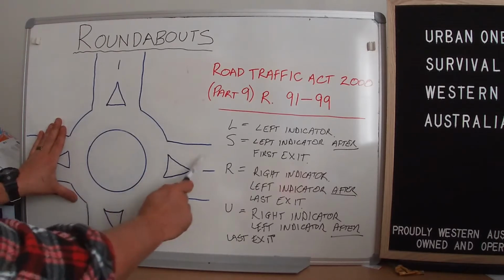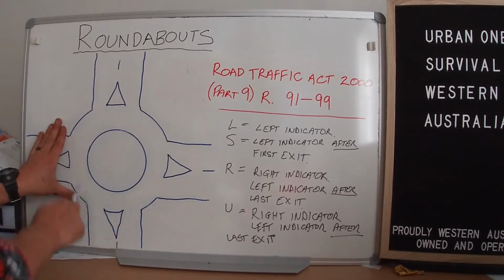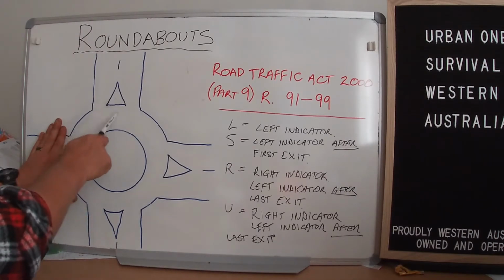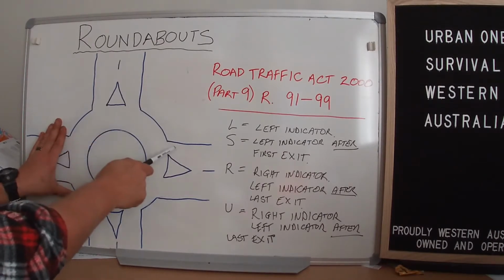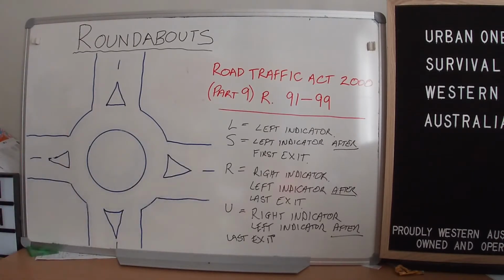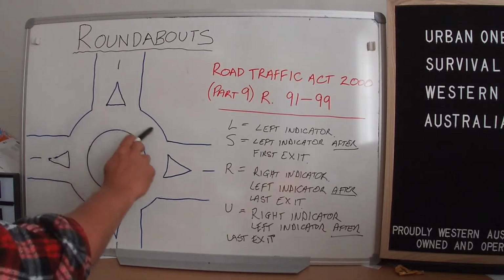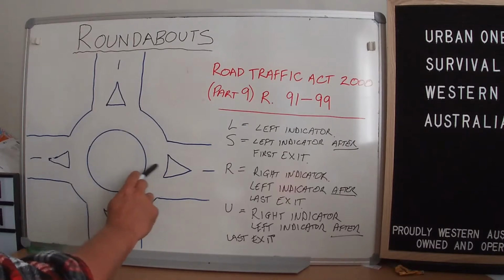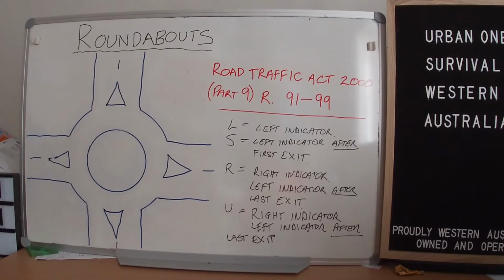If you're turning to the right, then you'd put a right indicator up upon your approach, and then as you just pass the last median strip on your left hand side prior to your exit, you put your left indicator on and you exit. And of course, U-turn, right indicator as you approach, you perform your U-turn, and when you get to this point here, put your left indicator on and exit.